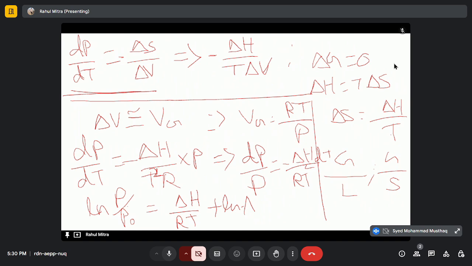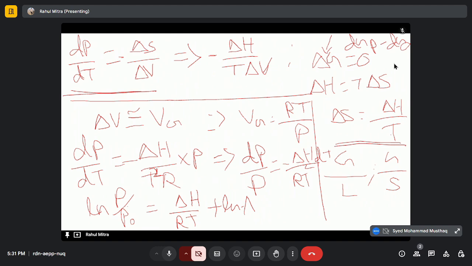And at equilibrium, for delta G, which is delta G beta minus delta G alpha, because at equilibrium both free energies of beta and alpha are the same, delta G is equal to 0. So delta H equals to T times delta S, and from there we define this change in entropy term, or delta S term.